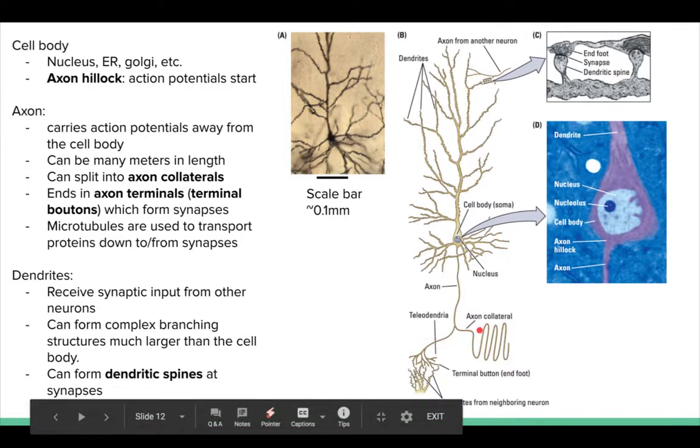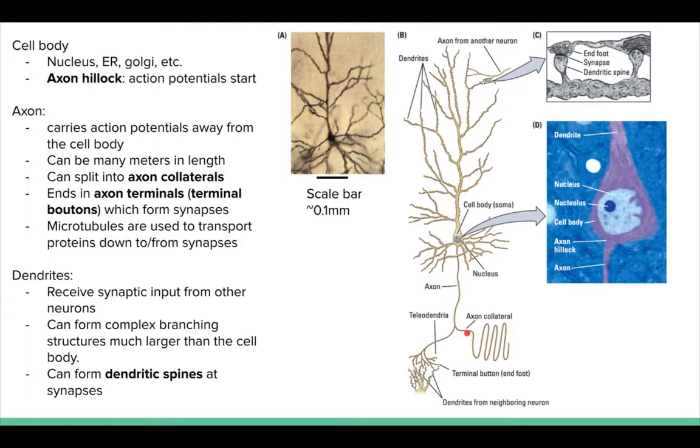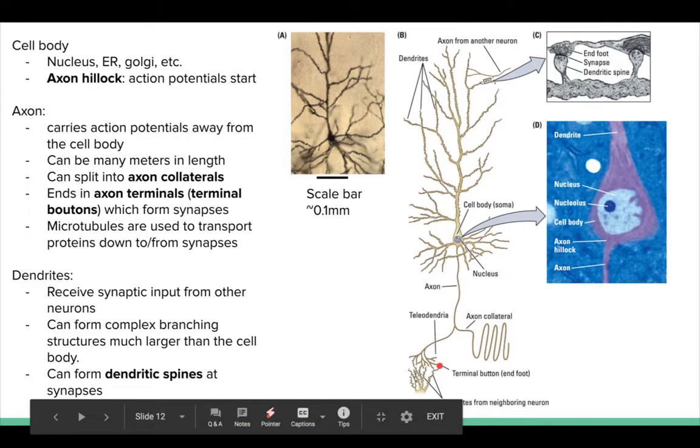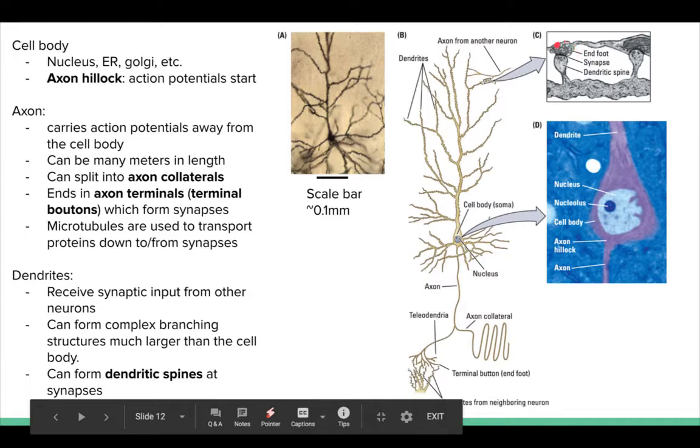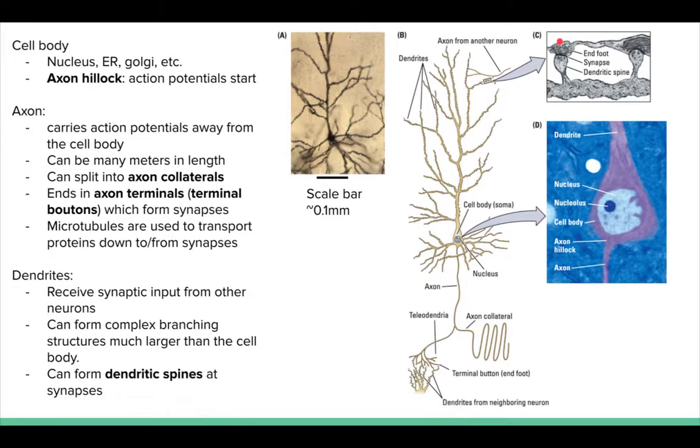Axons can split, so one neuron can split its axon and therefore communicate with many different neurons. And axons tend to end in what are called either axon terminals, terminal buttons, or terminal boutons. These are just little enlargements at the location of synapses that contain a lot of synaptic vesicles and other machinery for synaptic transmission, and we're going to be talking about that in a couple of lectures.